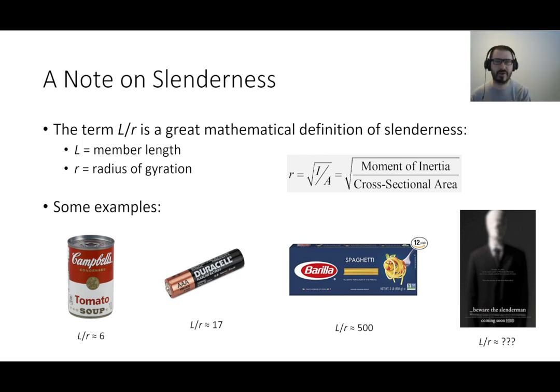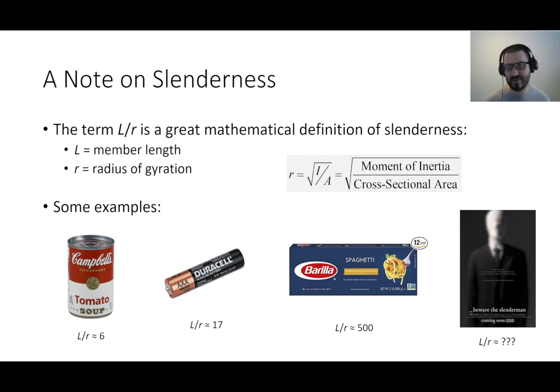The mathematical term for computing slenderness is L over R, the radius of gyration. If the moment of inertia is a measure of how stiff an element is along one axis, the radius of gyration is too. What the radius of gyration is, though, is just the moment of inertia scaled down so that it's expressed in inches. Remember, moments of inertia are in inches to the fourth.